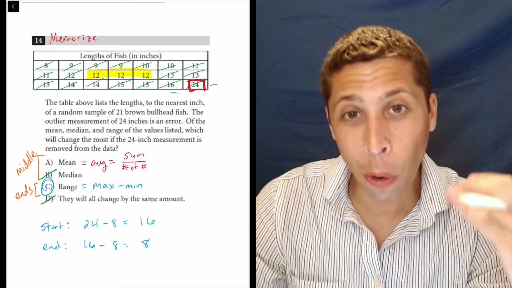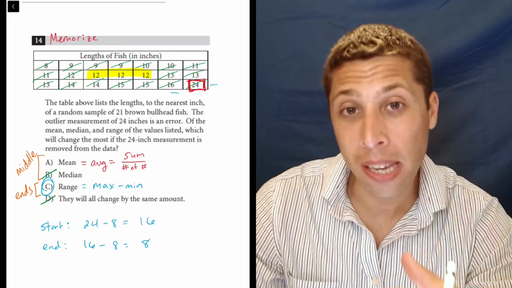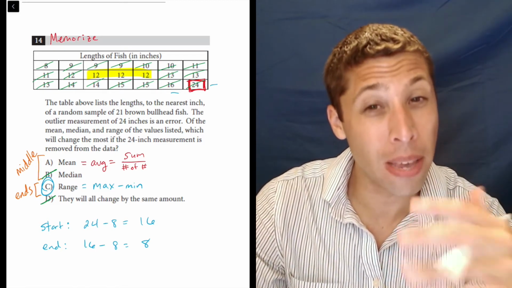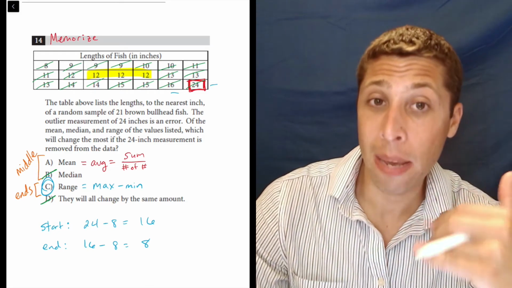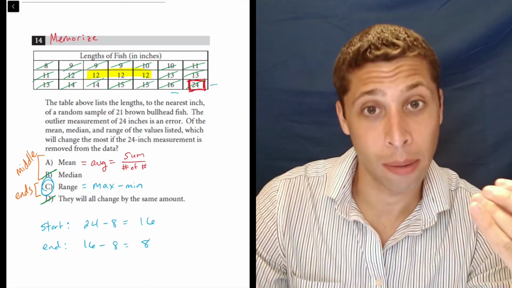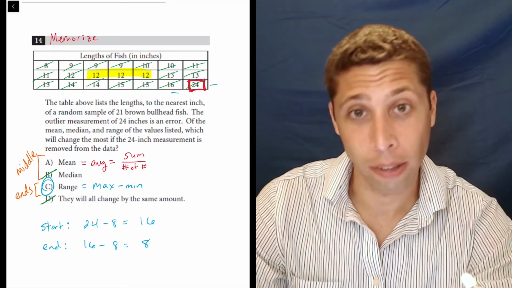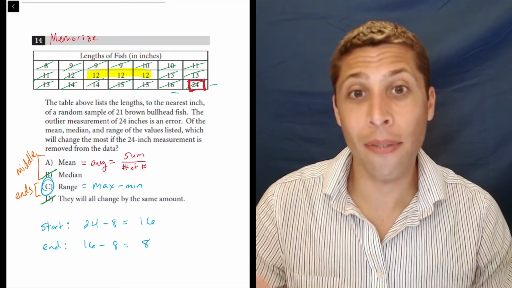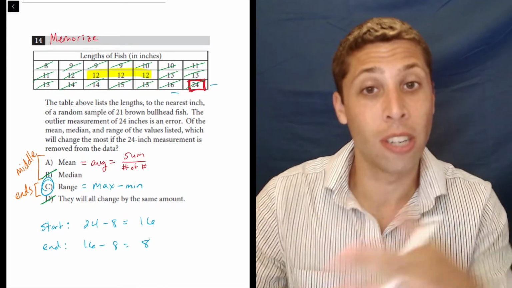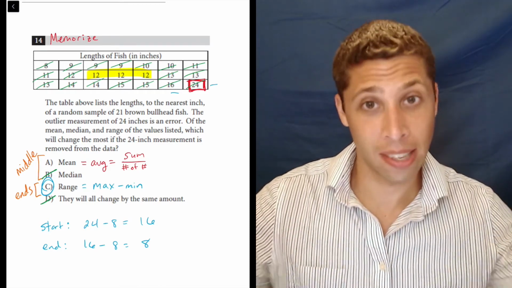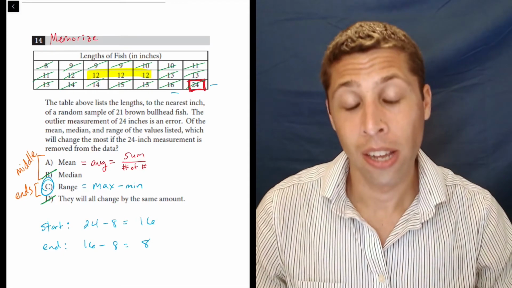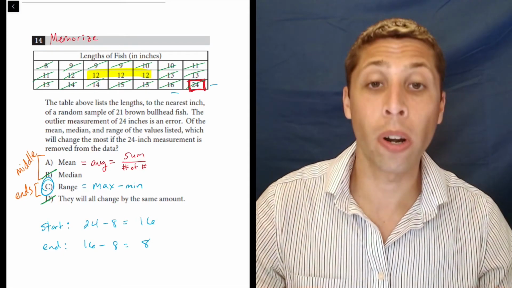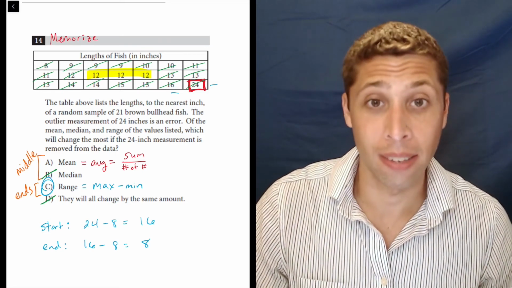But if they were only asking about mean and median and let's say mode, which are all measures of the middle, we might not be able to make those kinds of quick assumptions. We might need to do the work and the calculation. So you have to judge based on the situation and see if they're leading you in a certain direction. Here it's clear they're telling us the end of the data is changing, so it was obvious. If it's not obvious, then do the work and guarantee yourself the points by taking the time.